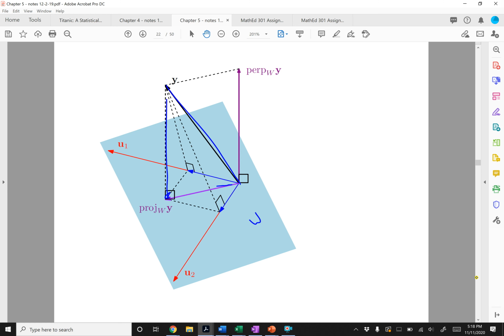So we have this purple line, and we also have this purple vector, and we also have a projection onto this line, because this line right here is perpendicular to the subspace. That's what that 90-degree piece is saying right there. So this is in y complement, and this is in the orthogonal complement of W.